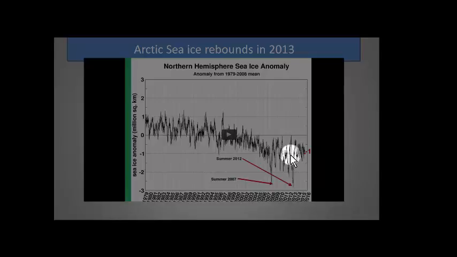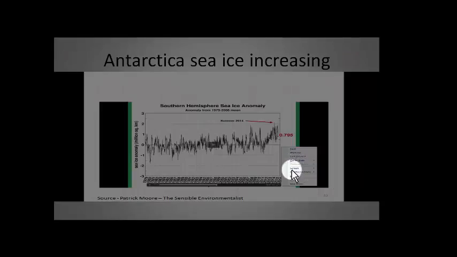If carbon dioxide is the cause of global warming, there should be less sea ice now than ever before. At the November 10th, 2015 meeting in Rutgers, she again ignored the 2013 rebound. Antarctica sea ice is increasing.